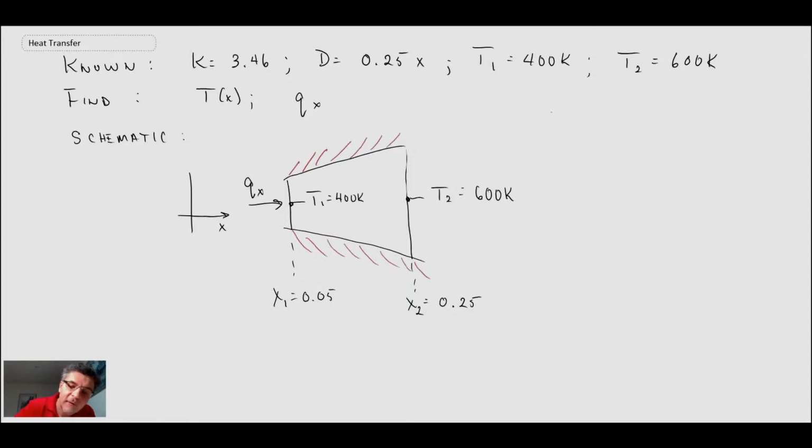The assumptions that we're going to make are the assumptions that we used for the alternative method. So one is steady state, two is that we're dealing with one-dimensional conduction.